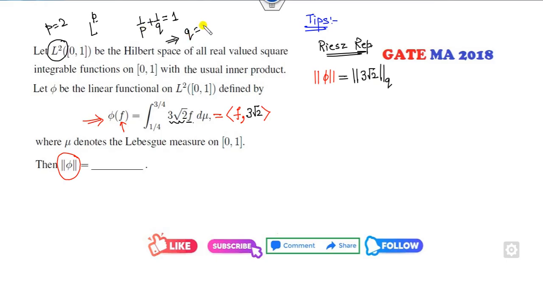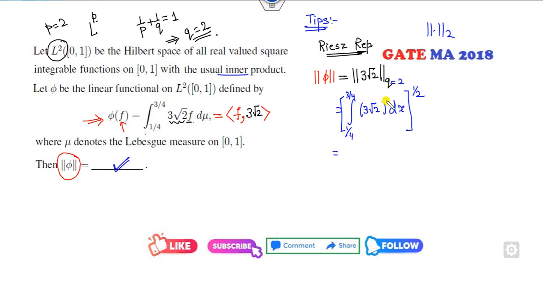What is Q? Q is 2. So what is the definition of the norm 2 over the continuous product? That is the integration over the domain 1 by 4 to 3 by 4 of this square into dx, raised to power 1 over 2. That's it. Whatever the answer, that is my required answer.